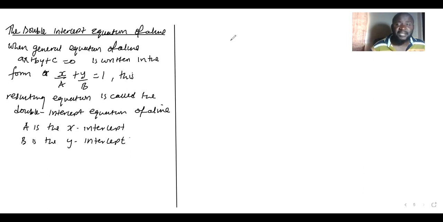So in case you're given such an equation, just know that it's an equation which has what we call the double intercept. It's called the double intercept equation.